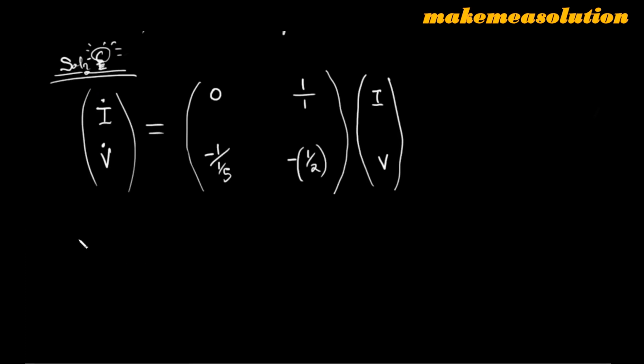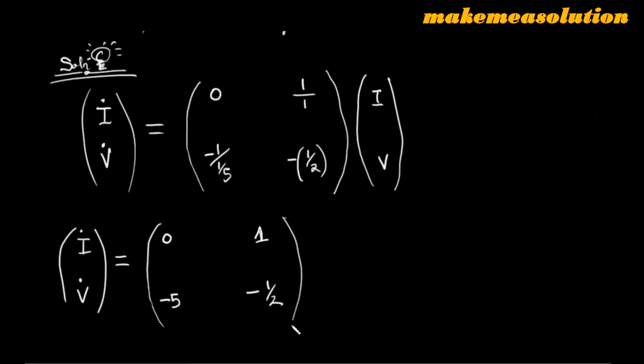So if you resolve this, you're going to get I dot, v dot is equal to 0, 1, 1 divided by 1 over 5, that's negative 5 if you take account of the negative sign, and you have negative 1 over 2 over here, and you now have your I and you have your v like this.